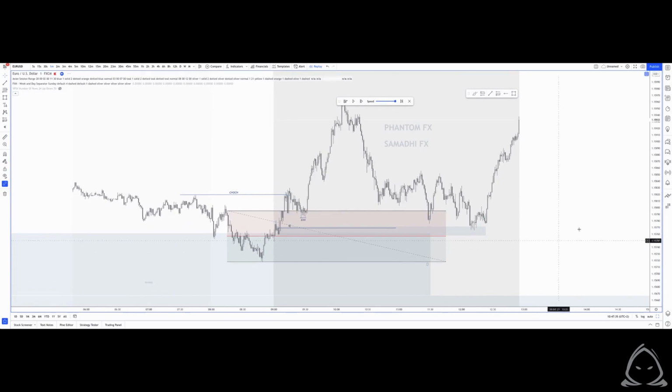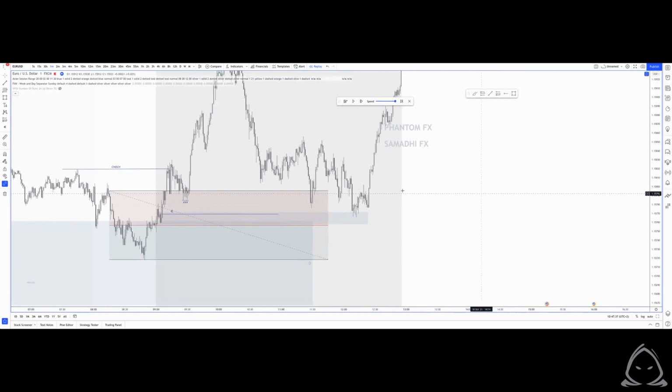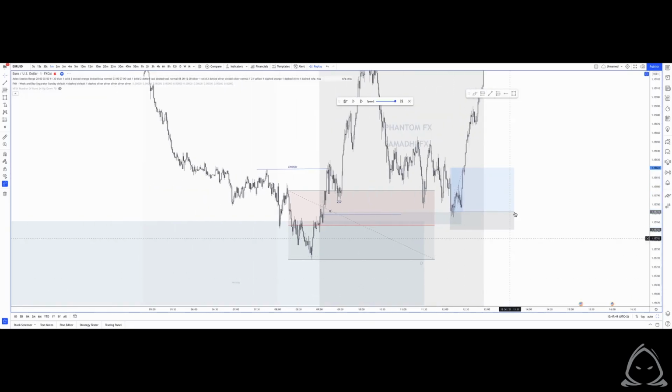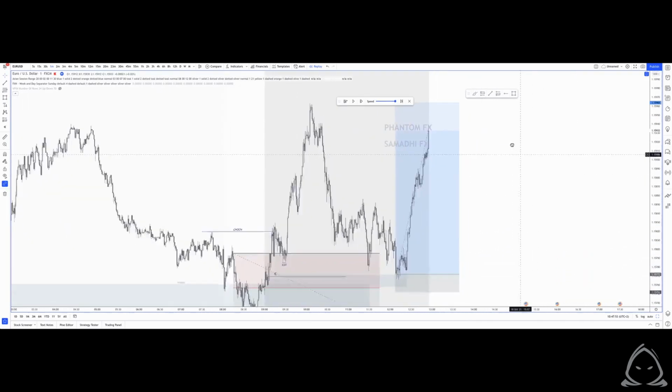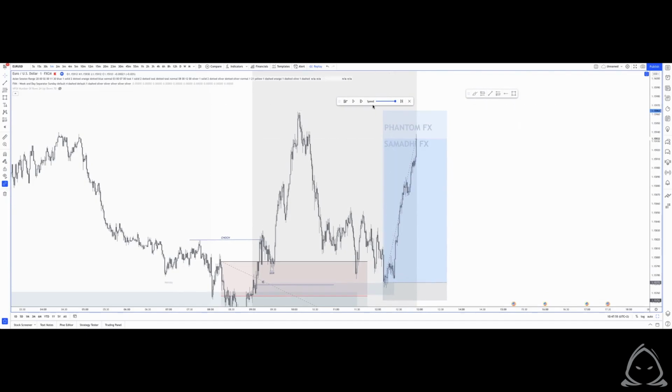So now let's imagine that you use this level, even the open, okay? 1.5, 2 pips, just in case. First target is already 1 to 9.